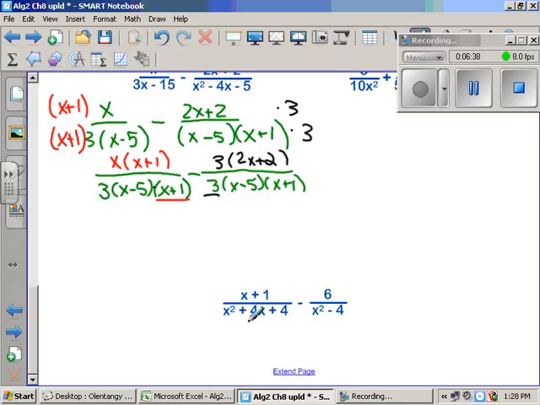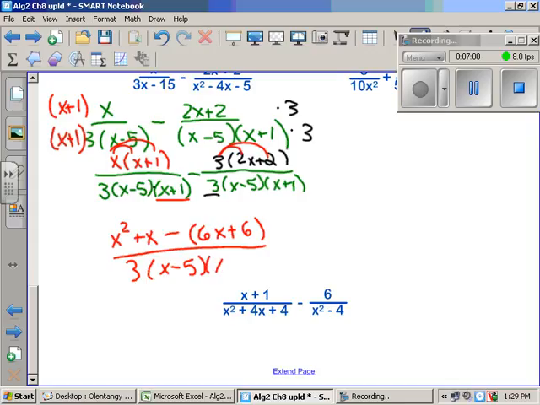So I'm going to change this into, well, first of all, let me distribute that. X squared plus x minus, and then I'm going to distribute that, minus 6x plus 6, all over 3 times x minus 5 times x plus 1. Okay? That's why I got common denominator, so I could actually do the subtraction. All right?